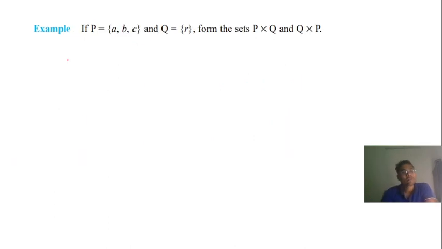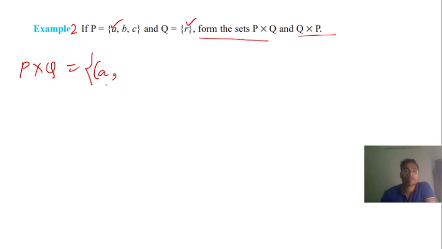Coming to our second example of this exercise: P is {a, b, c} and Q is {r}. Form the sets P cross Q and Q cross P. So we are now doing P cross Q. The first element in the bracket must be from set P, that is a, and the second element from Q, that is r. Then the first element is b, and the second element is from Q, that is r.